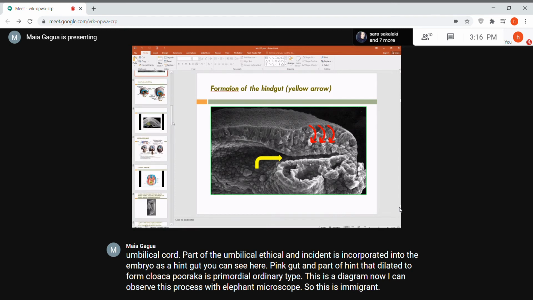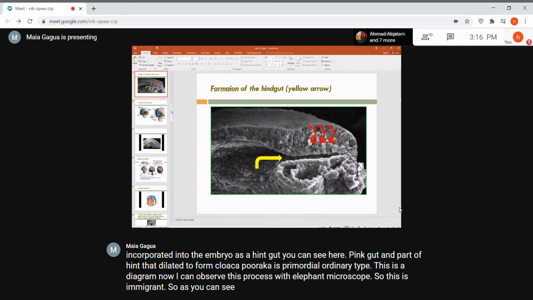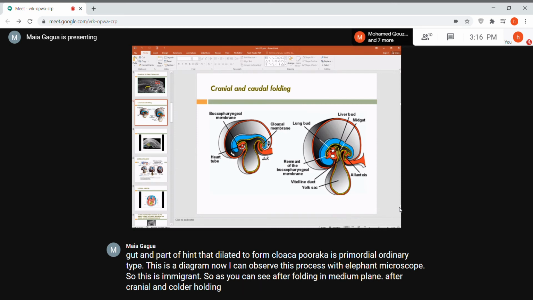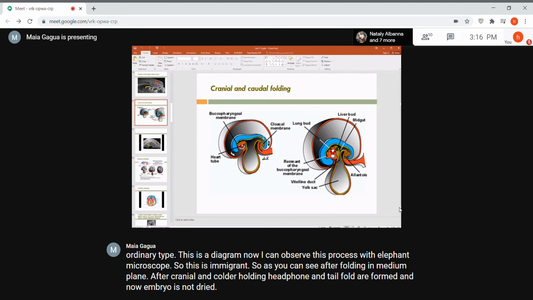So, as you can see, after folding in medium plane, after cranial and caudal folding, head fold and tail fold are formed. And now embryo is not dried, it's curved, it's C-shaped.